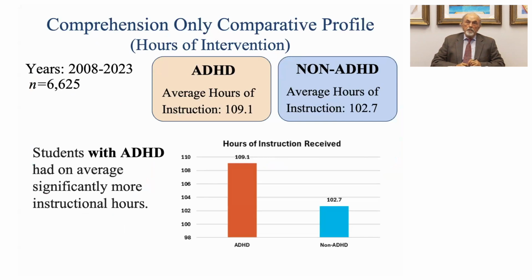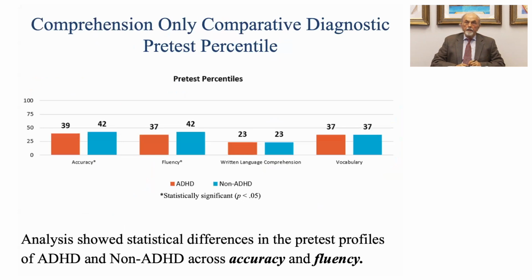Again, ADHD children received more hours of instruction. When we looked at their profiles, on average, they had significantly more instructional hours. And decoding was an issue, but what I'm showing here is when we look at their pre-test profile, as compared to decoding, you can see that their written language comprehension was the primary area of concern.